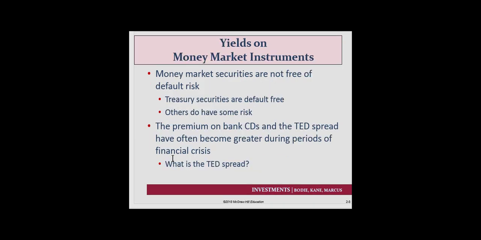Money market securities are not totally free of default risk. Treasury securities are default free, but all of the others do have some risk. Now there is a marker or an indicator that's called the TED spread. This is the relationship between the interbank loan rates and T-bill rates. What happens is as this rate increases, it could be a sign of financial crisis in the economy.